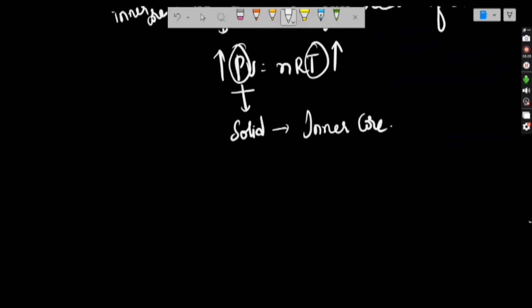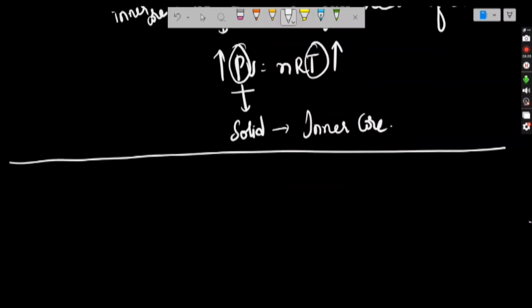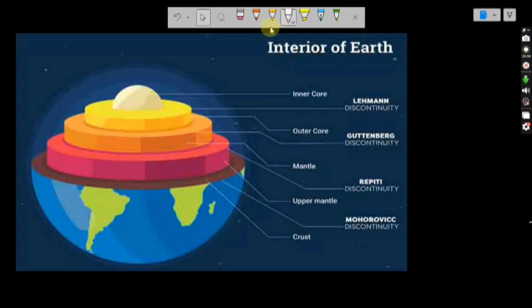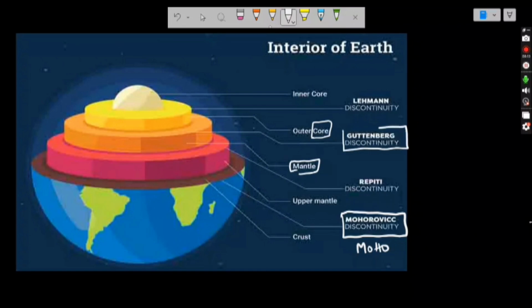So this is all about our 3 layers of the earth. Then we have something more to discuss. We have seen that between the crust and upper mantle, the discontinuity is called the Mohorovicic discontinuity. We call it Moho, right? Between the mantle and core, the discontinuity is called the Gutenberg discontinuity.